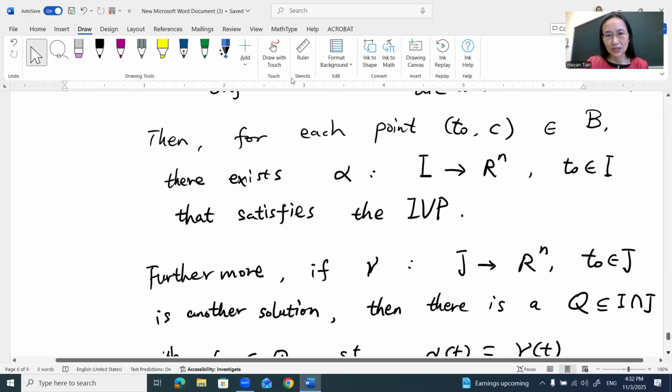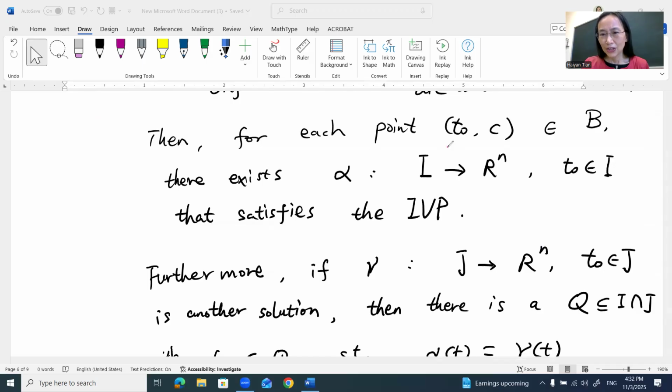Here's the conclusion. For each initial data, remember our initial condition, X at this time t naught is C. The C is the initial data. So for the initial data belonging to the set where the vector field is defined, there exists a solution curve.